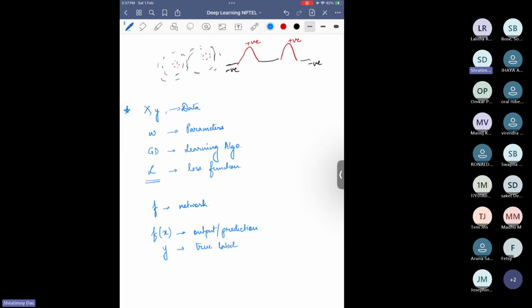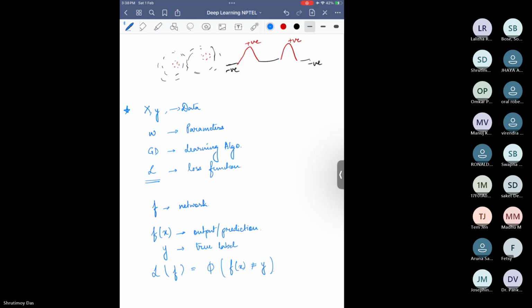So when we are talking about loss given some neural network F, my loss is some function. I don't know what that function is, so let me say that my function is phi. It is some function of the difference between f(x) and y.